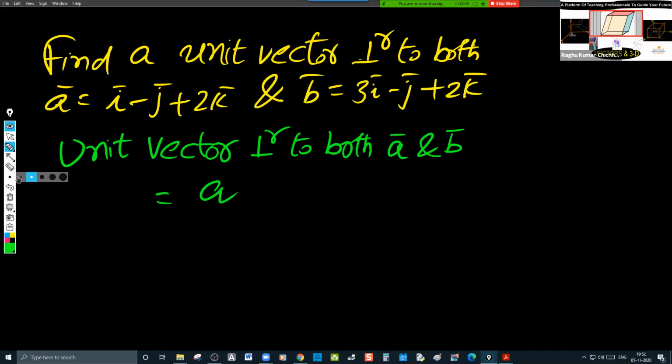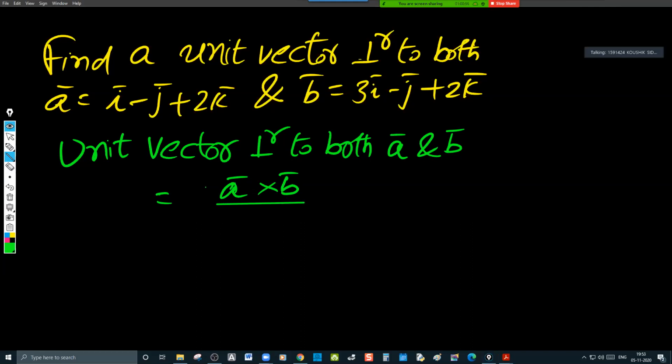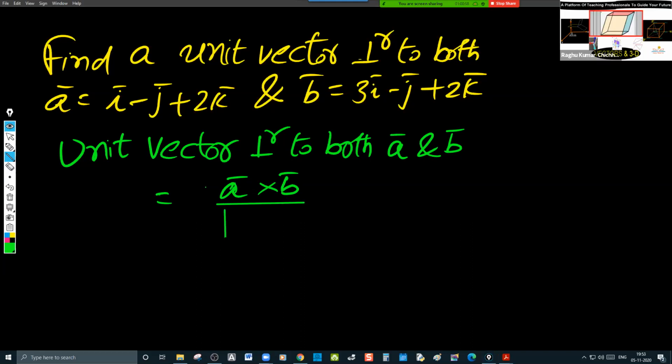Then when you need a vector perpendicular to two vectors, it is inevitable that you find the cross product.